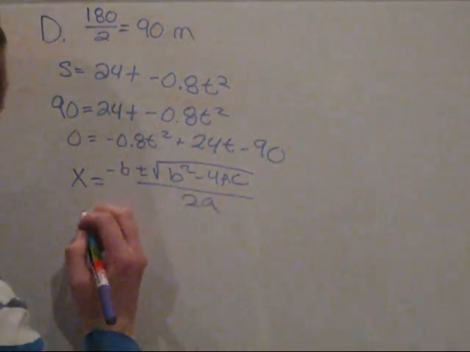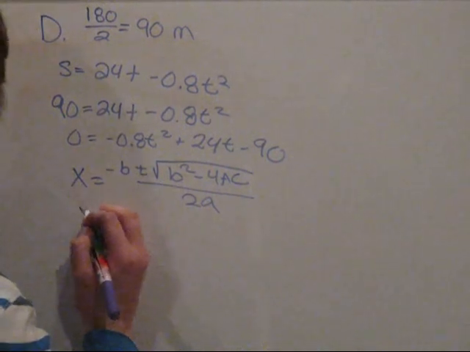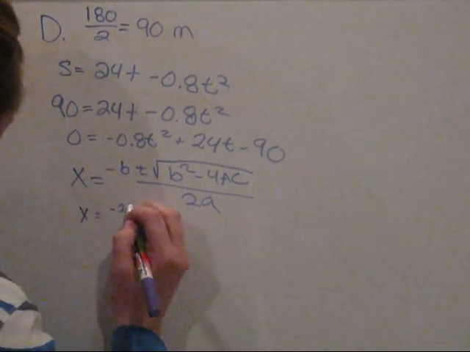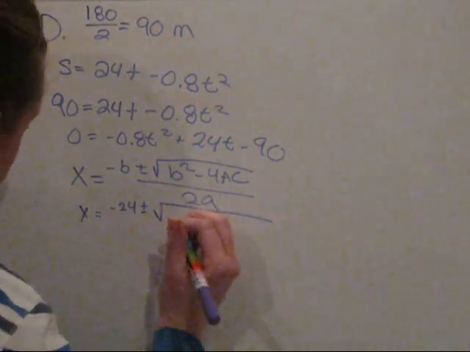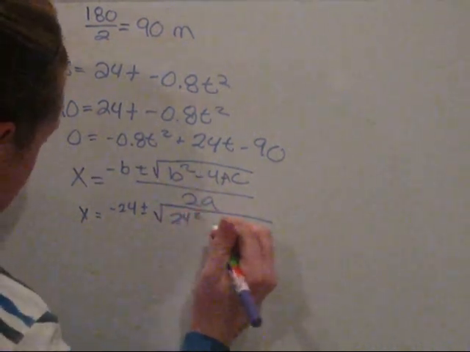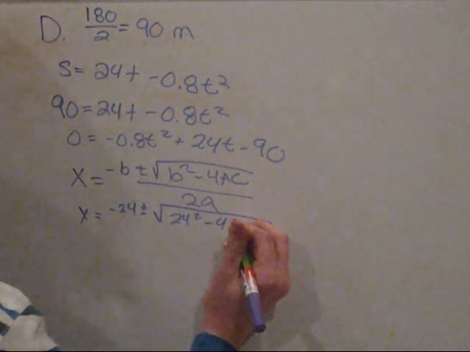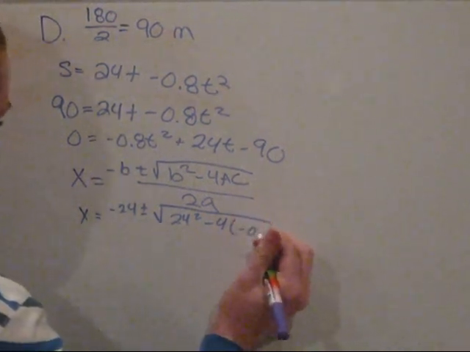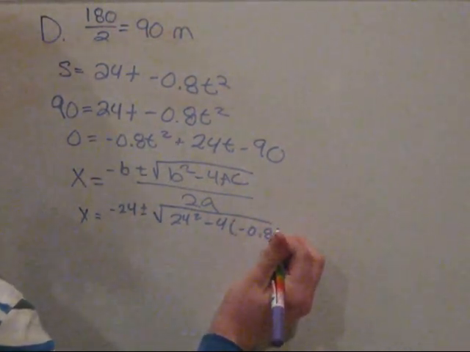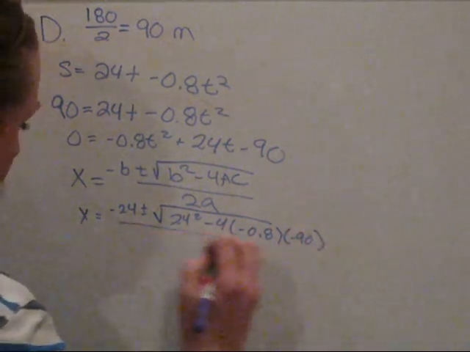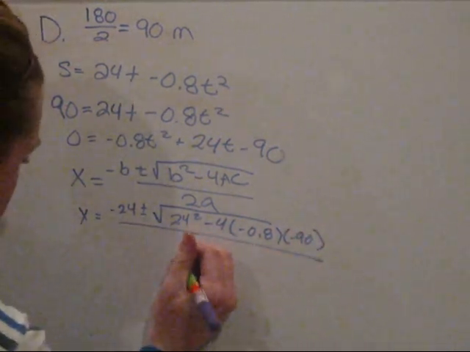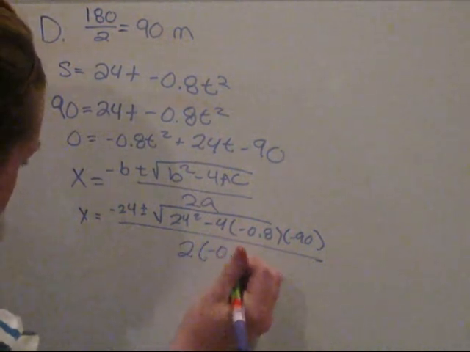We insert our values to where we have x equals negative 24 plus or minus the square root of 24 squared minus 4 times negative 0.8 times negative 90 all over 2 times negative 0.8.